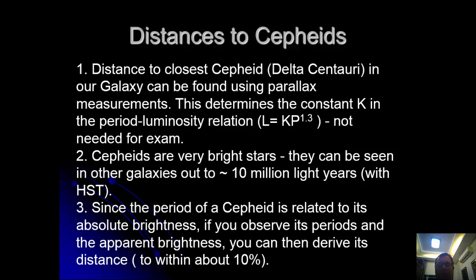Because the period of the Cepheid is related to its absolute brightness, if we observe its period and its apparent brightness, we can then work out the distance to that Cepheid and that galaxy to within about 10%. So this is really, really useful. It gives us what's known as a standard candle, something which we can look at and we know what brightness it should be, and therefore from the brightness we observe we can work out the distance.